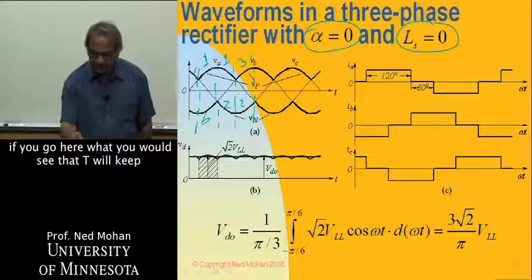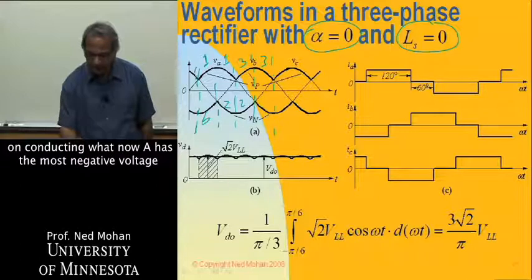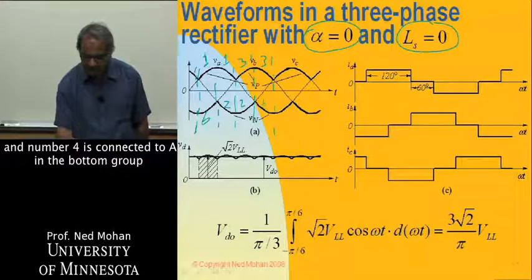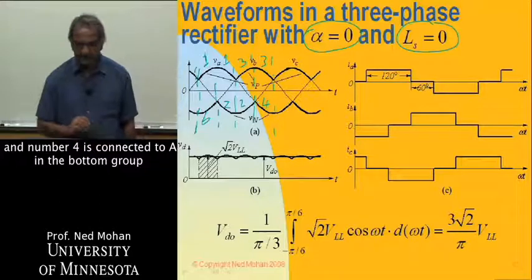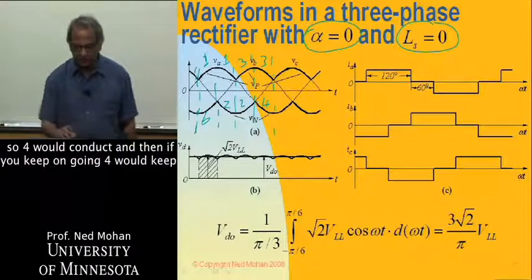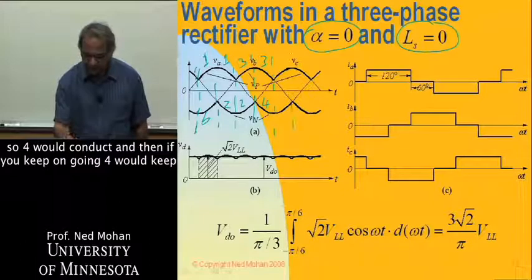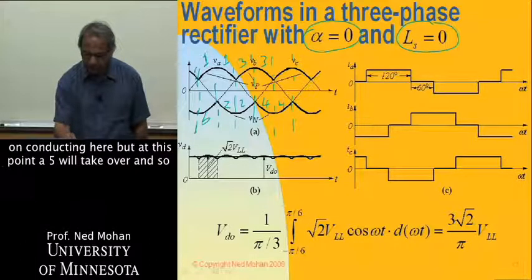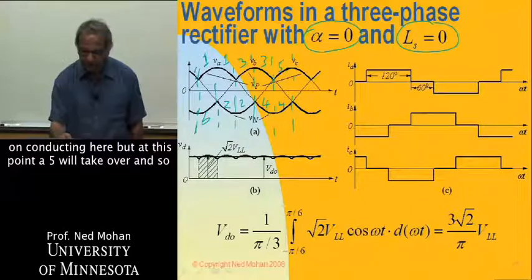Then 3 will keep on conducting, but now A has the most negative voltage, and number 4 is connected to A in the bottom group. So 4 would conduct, and then if you keep on going, 4 would keep on conducting here, but at this point, 5 will take over, and so on.